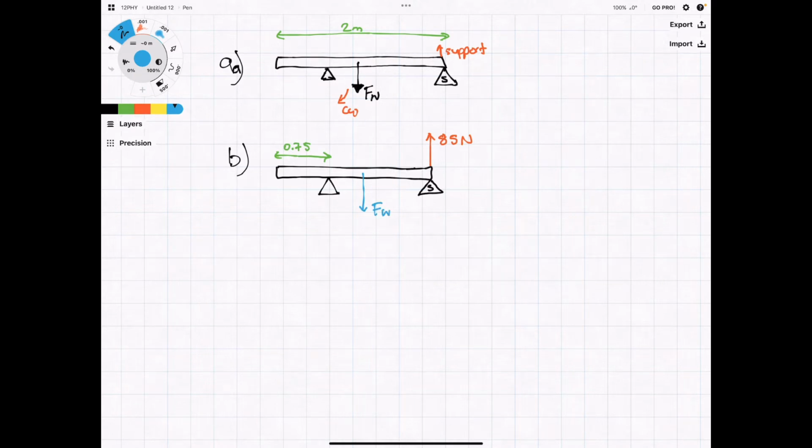How far is FW from one side? We know it's 2 meters in total. FW is 1 meter, which means the remainder in between the weight force and the pivot is 0.25. Okay, hopefully that's making sense.